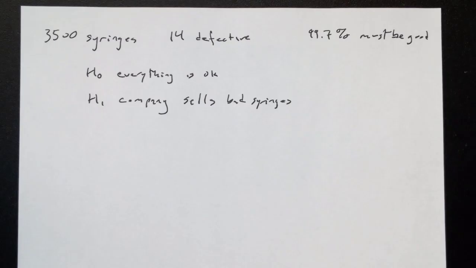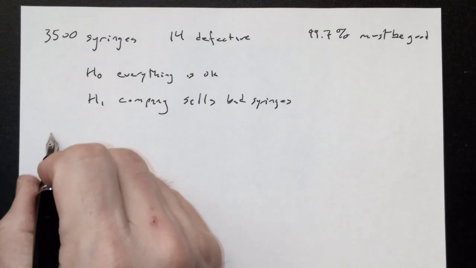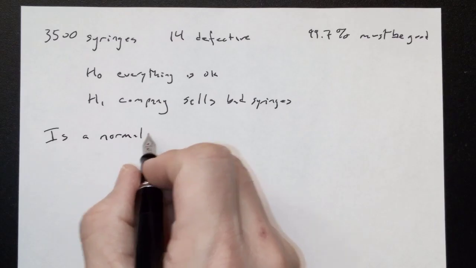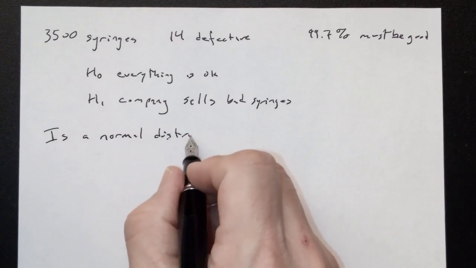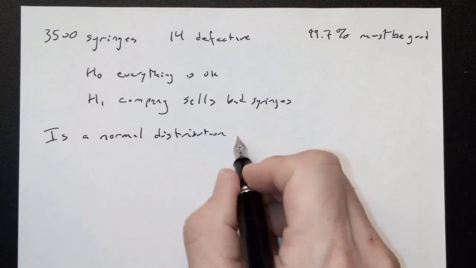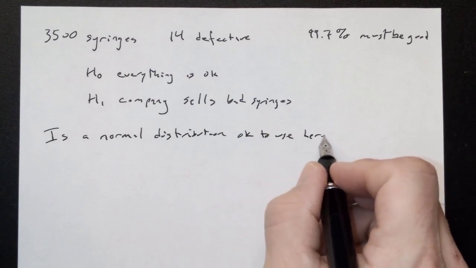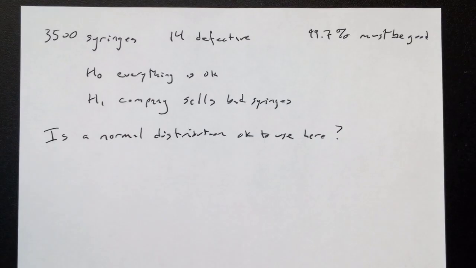How can I check whether or not the normal distribution is the right one to use?